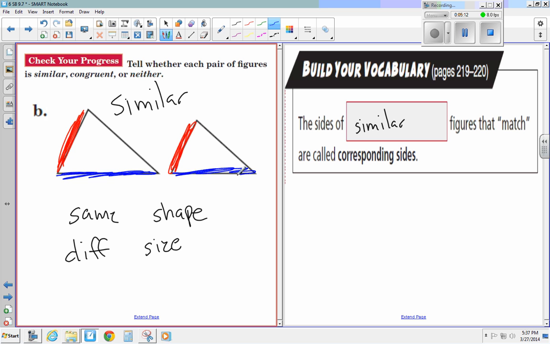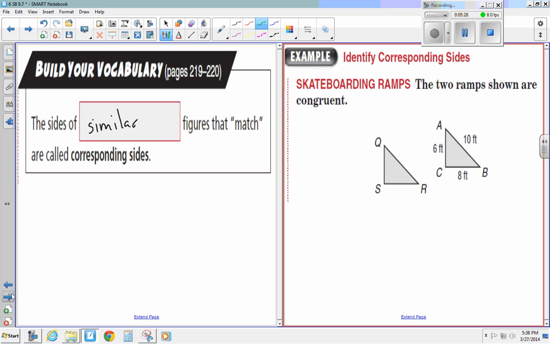The longest side of this triangle is right here. Those are corresponding. This side here corresponds with this side here. And it's very important to be able to determine which ones are corresponding sides, because you use this when comparing.